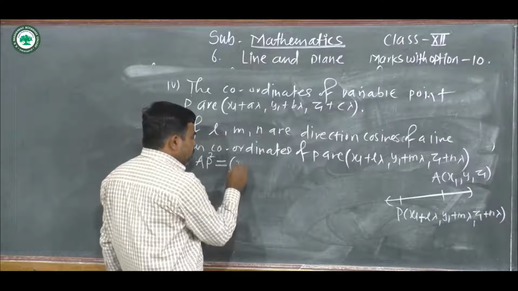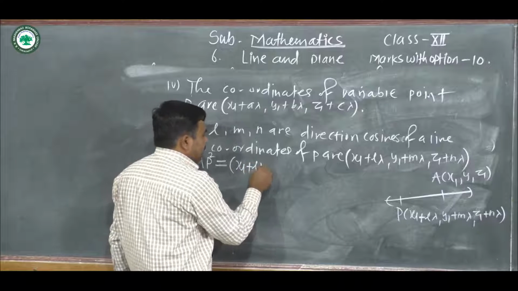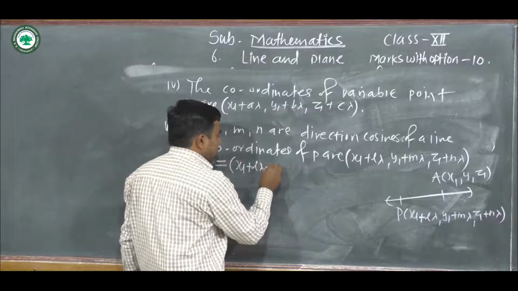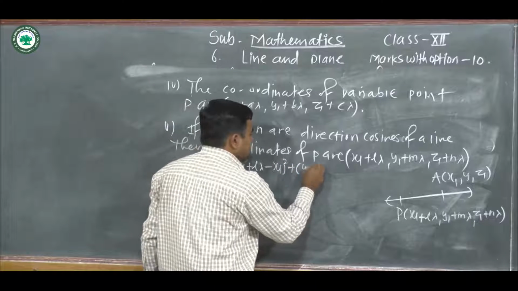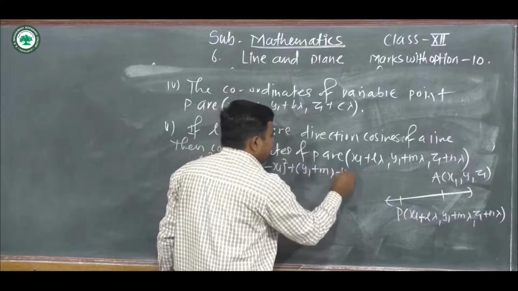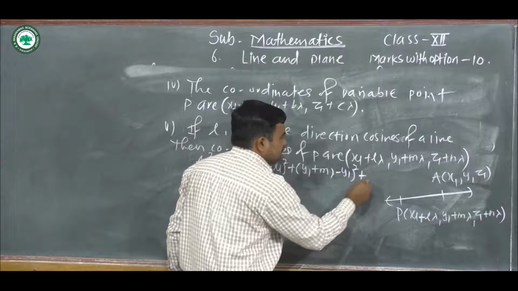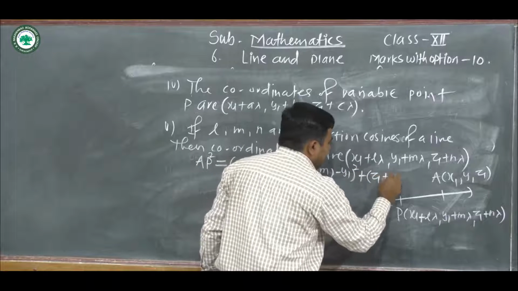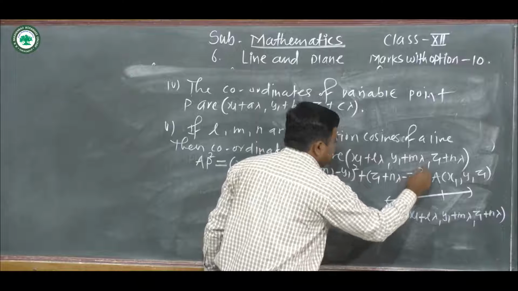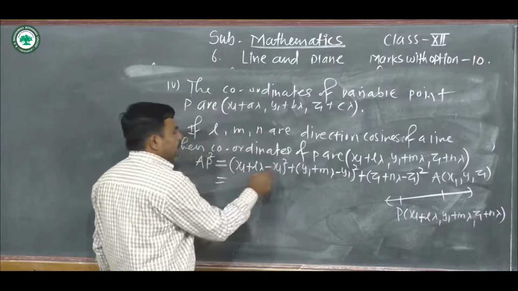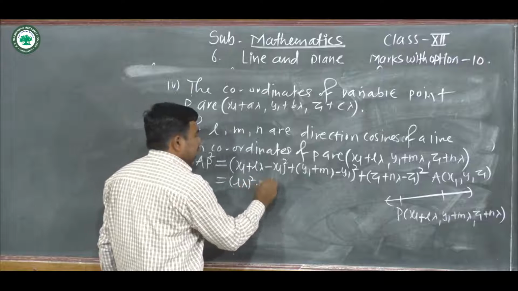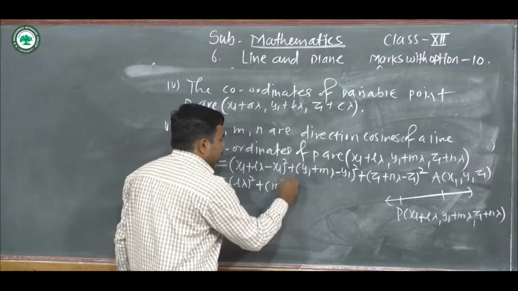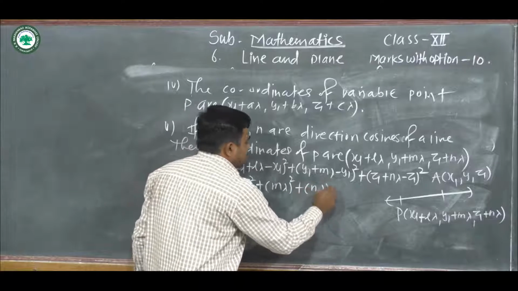So it is equal to (x1 plus L lambda minus x1) whole square plus (y1 plus m lambda minus y1) whole square plus (z1 plus n lambda minus z1) whole square. So it is equal to, x1 minus x1 is 0, so it is (L lambda) square plus (m lambda) square plus (n lambda) square.